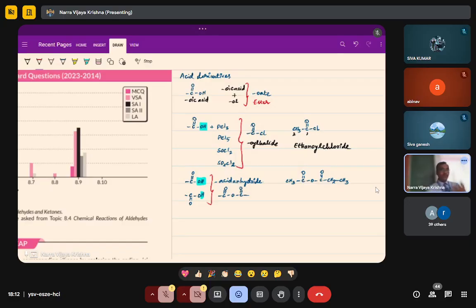So according to the rules, the longest carbon chain should be named, na? So how to name it now? 1, 2, 3. Correct? Now tell me, what is the name of it?